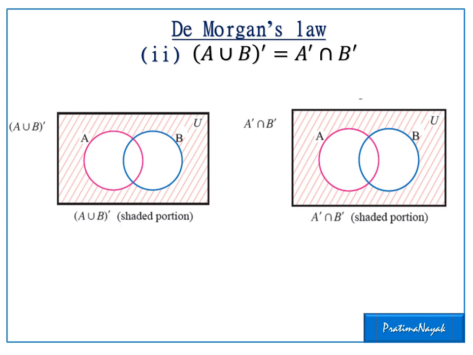Second law is A union B whole complement is equal to A complement intersection B complement. If you see these two diagrams, you will find that they both are equal, and sometimes a question is also asked to verify this when different sets are given. U is given, A is given, B is given. You have to prove these two laws.